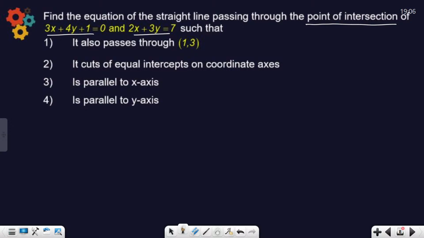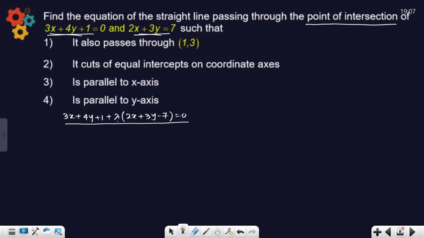The moment I saw that the required line is passing through the point of intersection of these two lines, I will simply write that any line passing through the point of intersection of these two lines is given by this equals to 0. This is the equation of that line. Rather, I should say, of the lines which are passing through the point of intersection of these two straight lines.